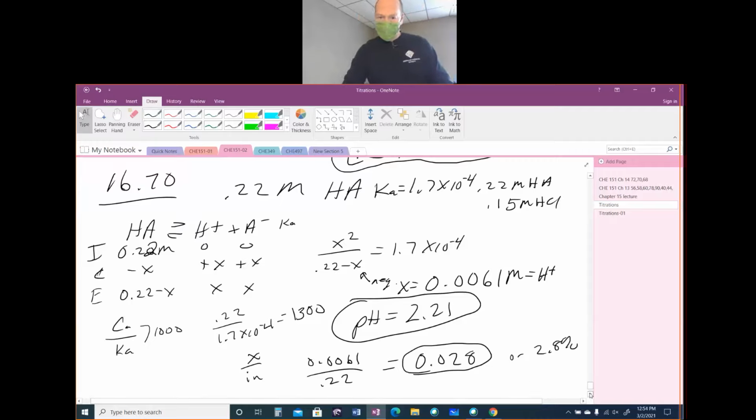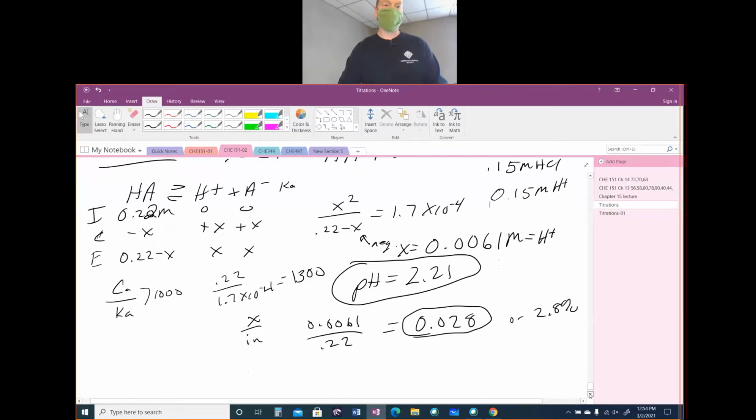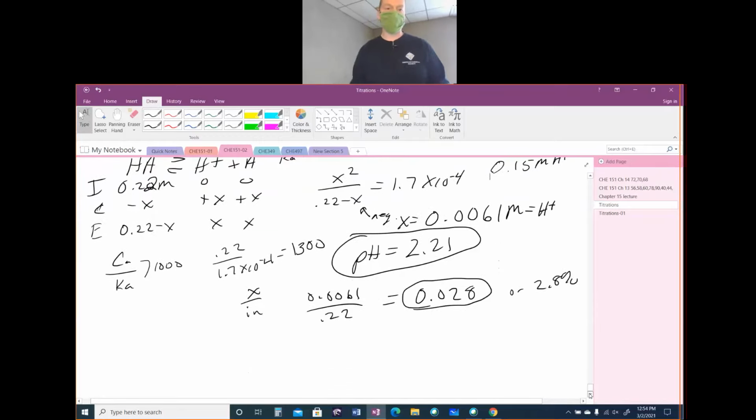All right, so now it says we're going to add 0.15 molar HCl. What you need to know is HCl is a strong acid, and so that is 0.15 molar of H plus. And so the difference here, we have the same reaction, except our initial concentration of H plus is not 0. So we still have the same reaction, the same Ka, your formic acid, H plus, your A minus.